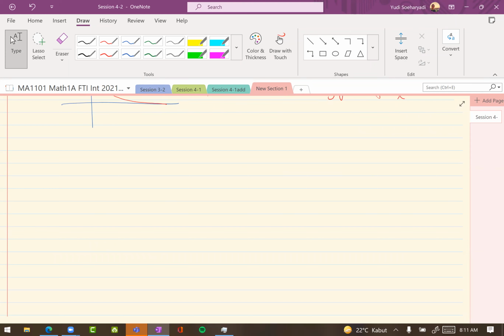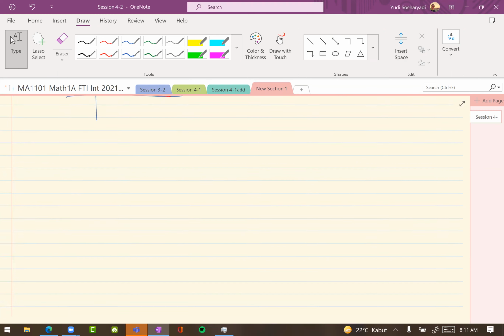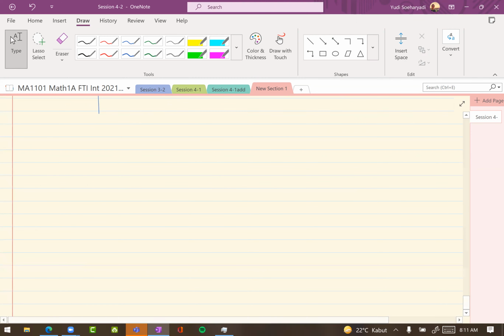Those previous examples are what we call the limits at infinity, whether it's going to the left or to the right. Now we have what we call infinite limits.